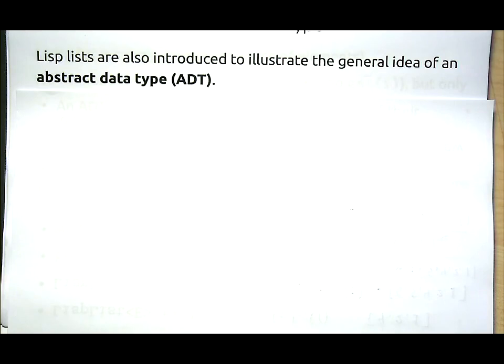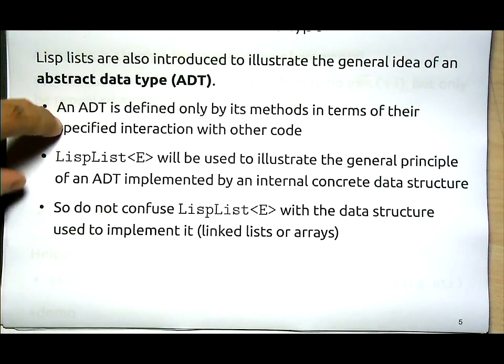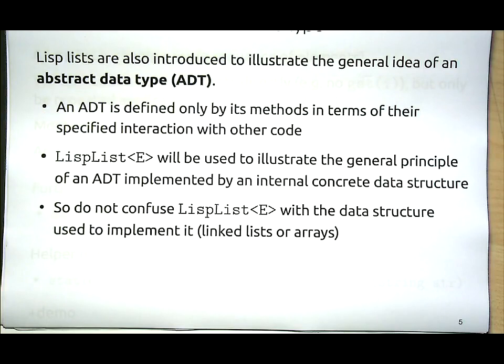So you get these objects, and you don't know so much about them apart from how you can access them, and you access them by the methods I showed you. This captures the general idea of an abstract data type, which is defined only by its methods, and how these methods can make the objects of this data type interact with other parts of the code.